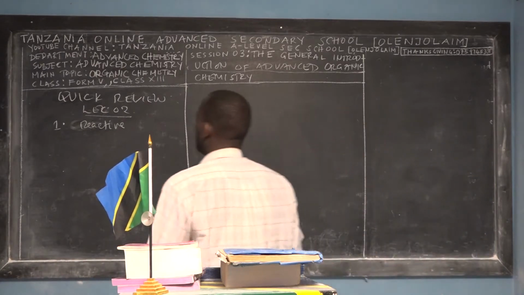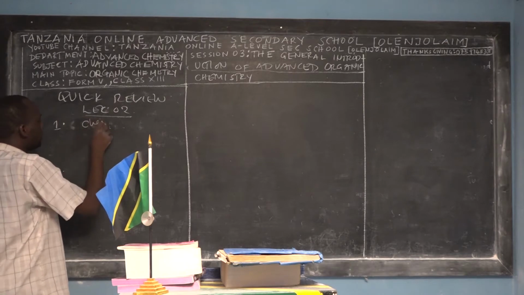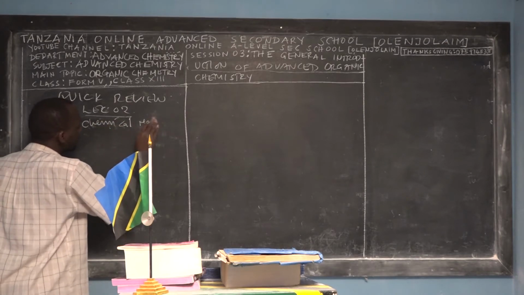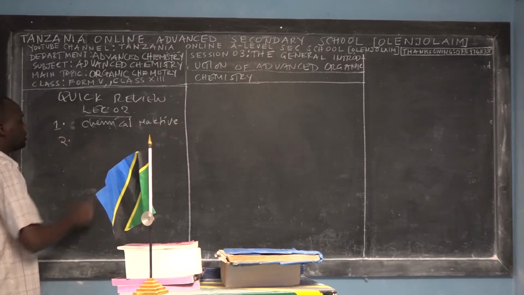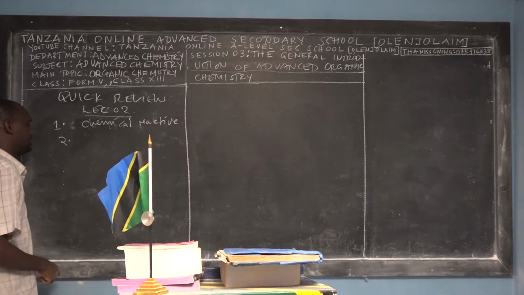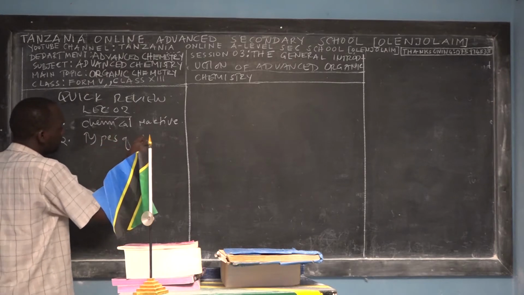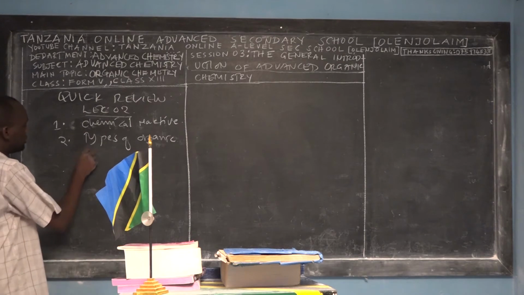We began by introducing the conditions necessary for organic compounds to be chemically reactive. There are some conditions for a chemically reactive element. And then we talked about types of organic reagents or reactants.